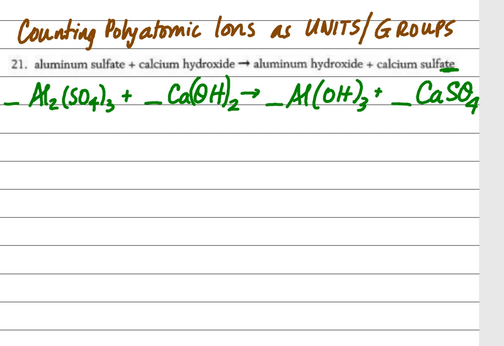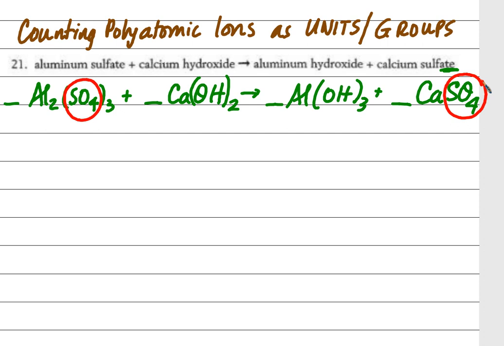So we already have the formulas on the board. All right? But let me just point something out to you. I hope you can notice that sulfate is a polyatomic ion. Please put a circle around it. And I'm going to put a circle around sulfate on this side also, because we're going to count that as a group.